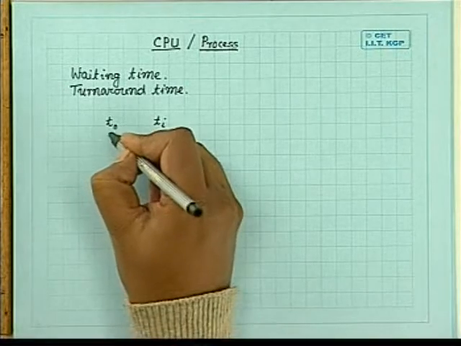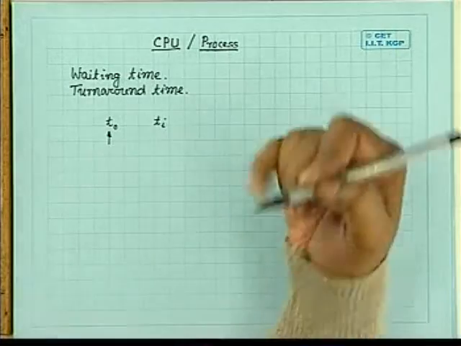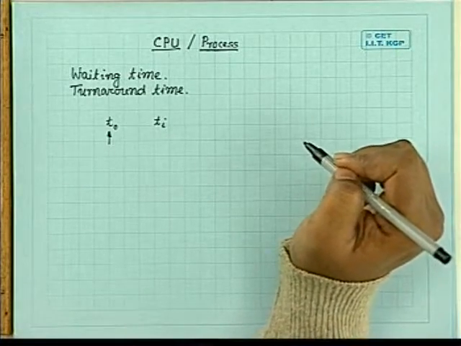Okay. So T0 is the time instant when I have submitted the job for execution, and the CPU being used by many other users, it is not guaranteed that whenever I submit the job, the CPU will immediately start executing it.